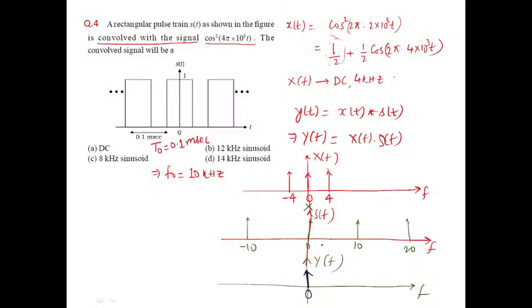So this will multiply with 0 to give you 0. This will multiply with 0 over here to give you 0. So there will be only one frequency component present in YT, and that frequency component is simply the 0 hertz frequency component, or we can say that we will be having simply a DC component.